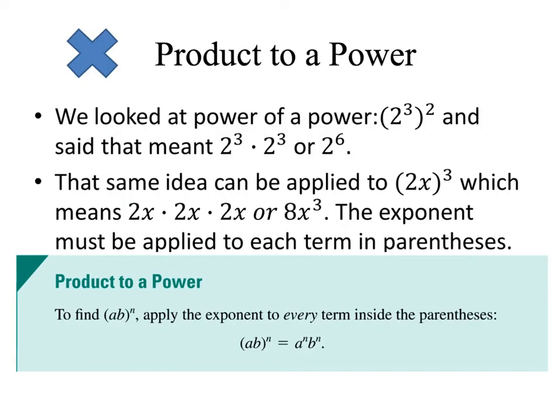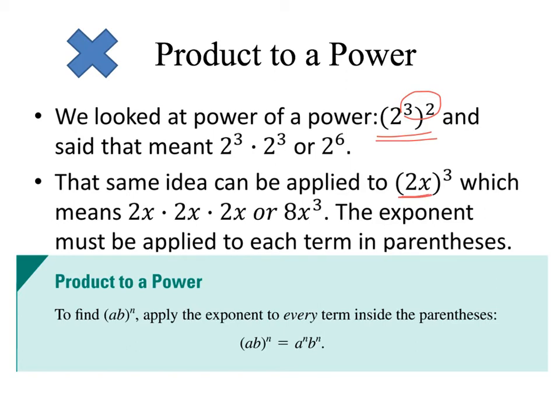So let's look at the product to a power, which really builds on the power to a power that we've already established. So remember, we already said that 2 to the 3rd squared means 2 to the 3rd times 2 to the 3rd, which is the same as 2 to the 6th. So we could have just taken those two numbers and multiplied them together. So let's suppose I've got more than one item in the parentheses.